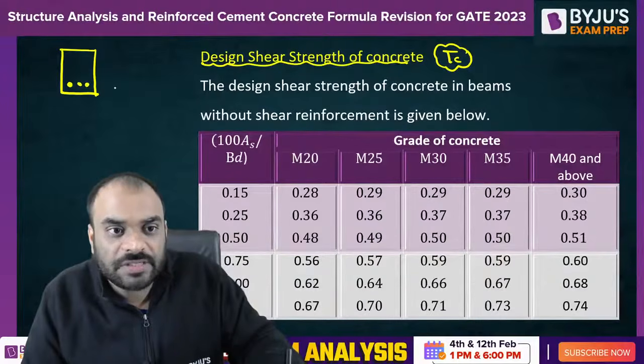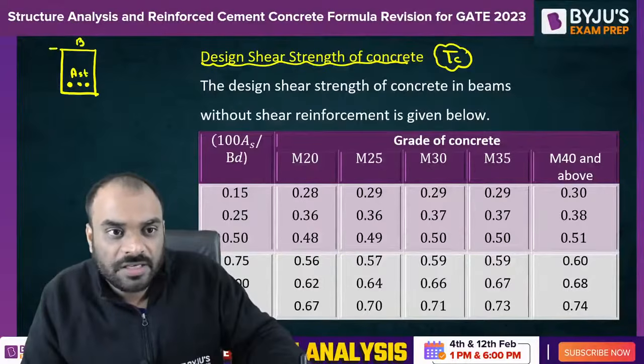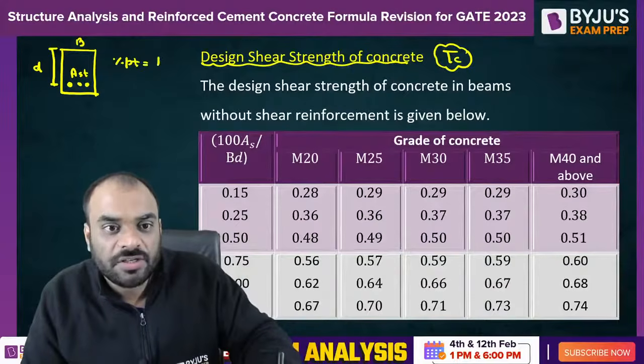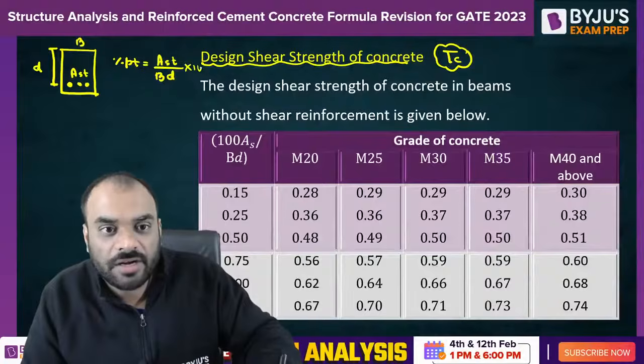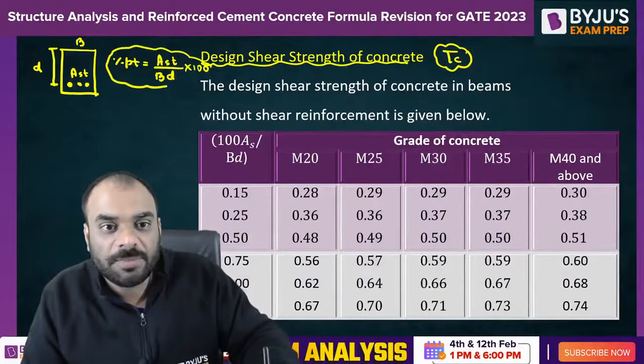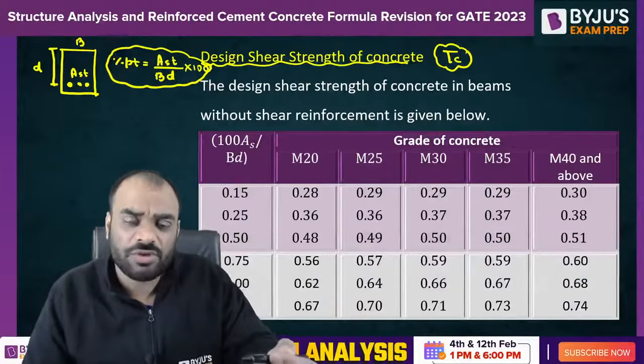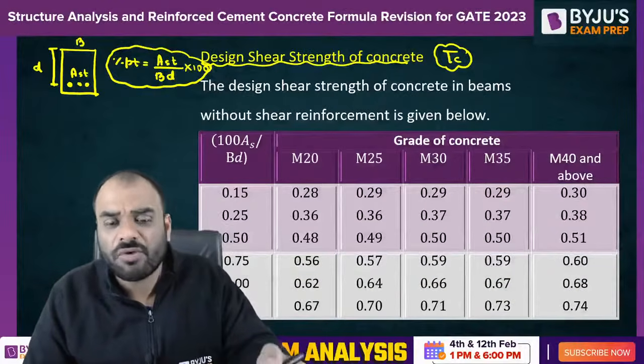Let us suppose this is our Ast. This is b. Let us suppose this is our effective depth small d. So first you need to calculate the percentage tension reinforcement. So Ast divided by b into d multiplied by 100. In this way you can calculate the percentage of tension reinforcement, and generally in the question they will mention which grade of concrete you have to use.